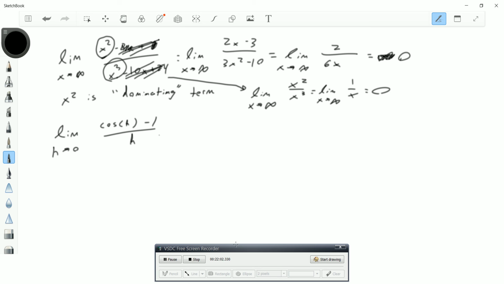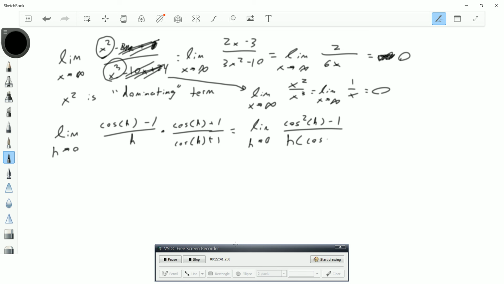I'm going to multiply by cosine of h plus 1 over cosine of h plus 1. Basically, I'm going to complete the difference of squares in this numerator. So I'm going to get the limit still as h goes to 0 of cosine squared of h minus 1 over h times cosine h plus 1.